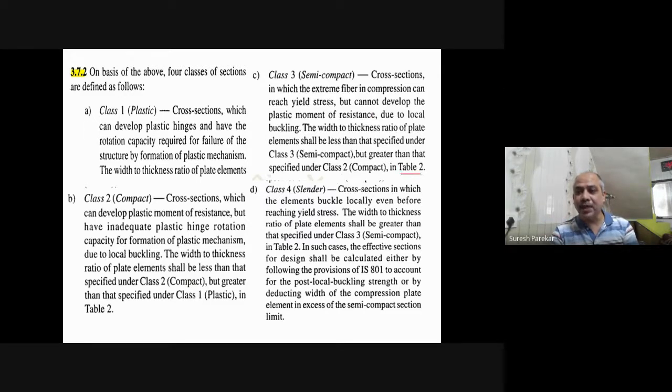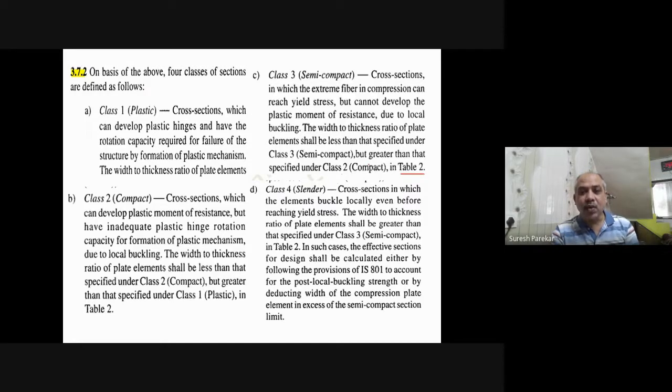In table 2 we have the width to thickness ratio, and from this we are going to decide the class of the given section. If our section is categorized under these 3, then we have AE equal to AG.